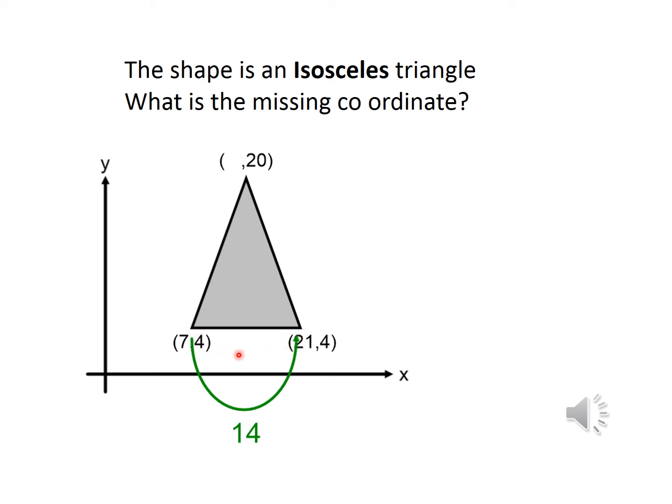Because it's not to scale, it doesn't matter whereabouts those are on the x-axis. What matters is that we know that one x-axis number is 7 and the other is 21. So we can see that the jump at the bottom is a total jump of 14 between 7 and 21.